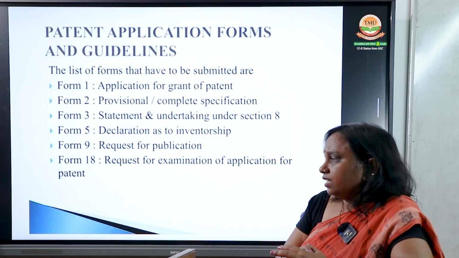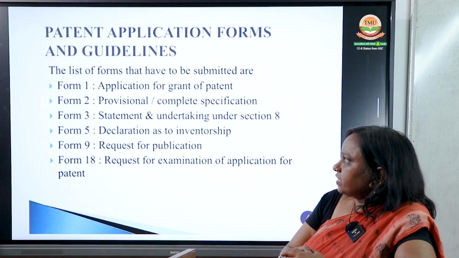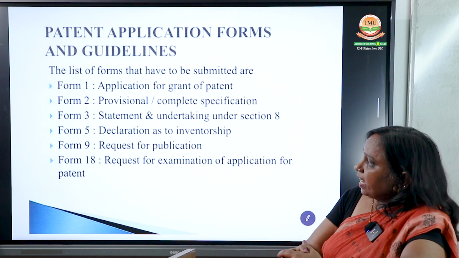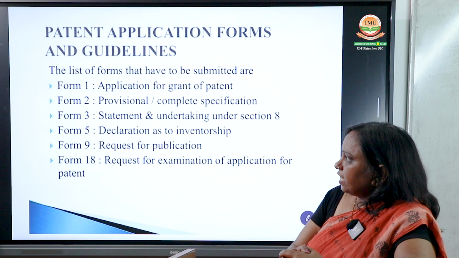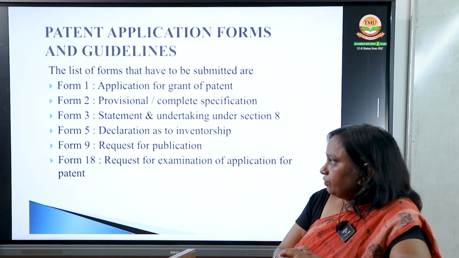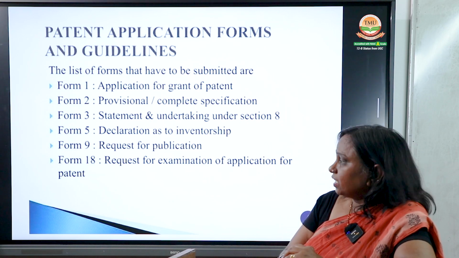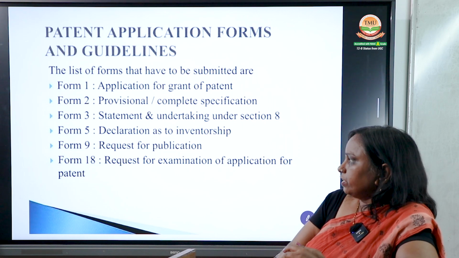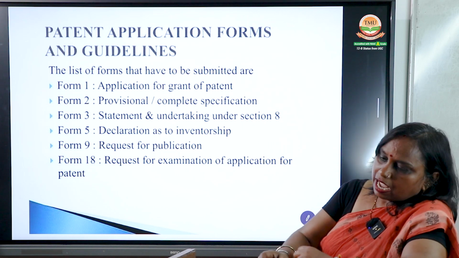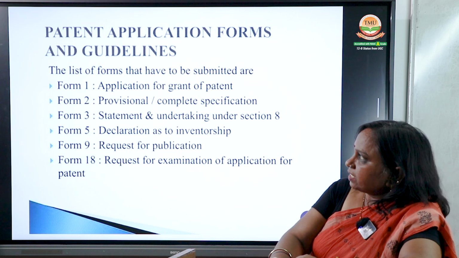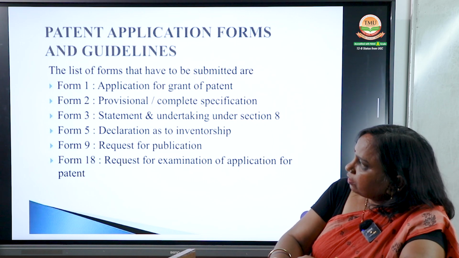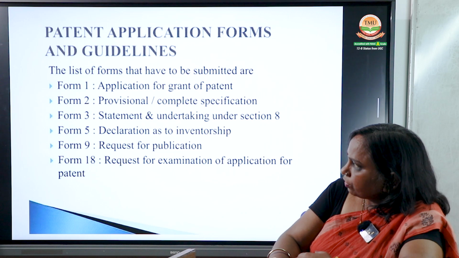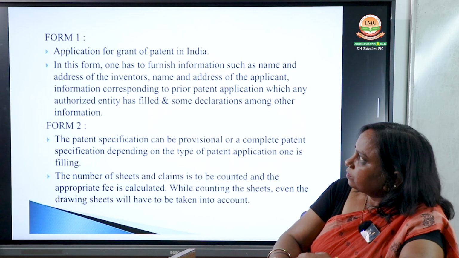Form number three is for the statement and undertaking under section 8. Form number 5 is for declaration as to inventorship. Form number 9 is the request for publication, and form number 18 is for the request for examination of the patent application. So these are the various forms for the application of a patent.